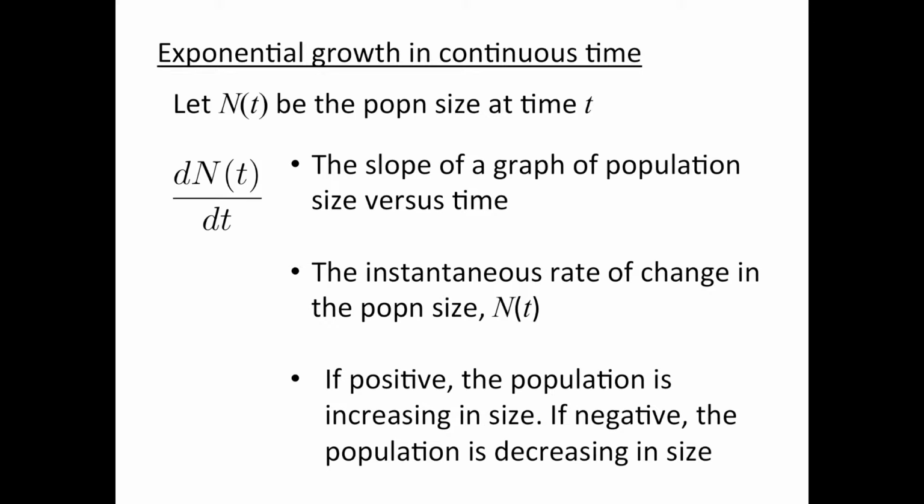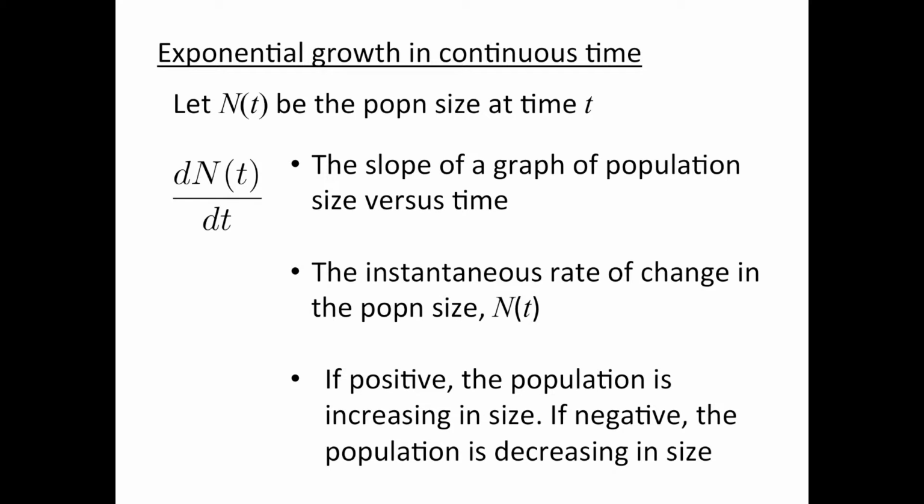And the other thing that comes up in calculus is that if the slope, so if that derivative is positive, then it means that the population is increasing, and if it's negative, it means that the population size is decreasing. And again, that's something that you learn in calculus about the interpretation of the derivative.